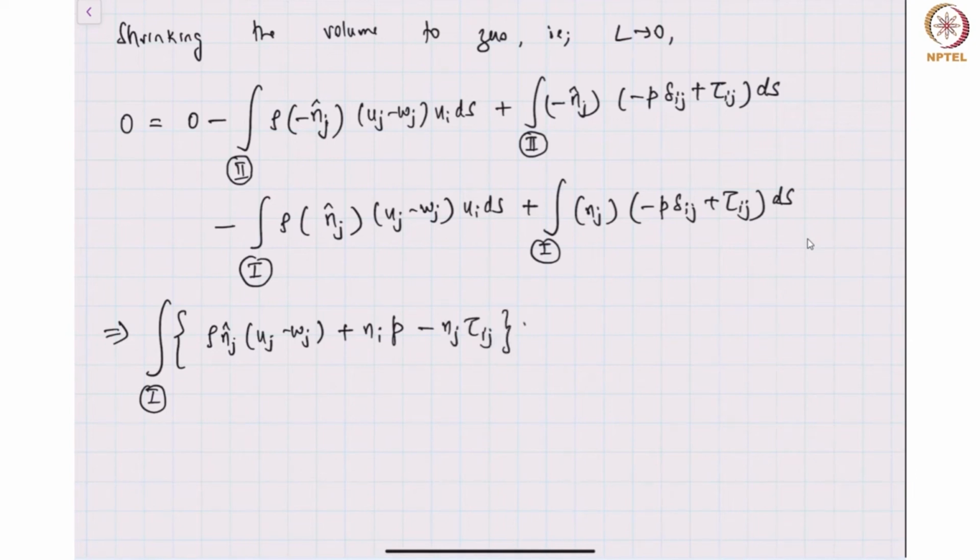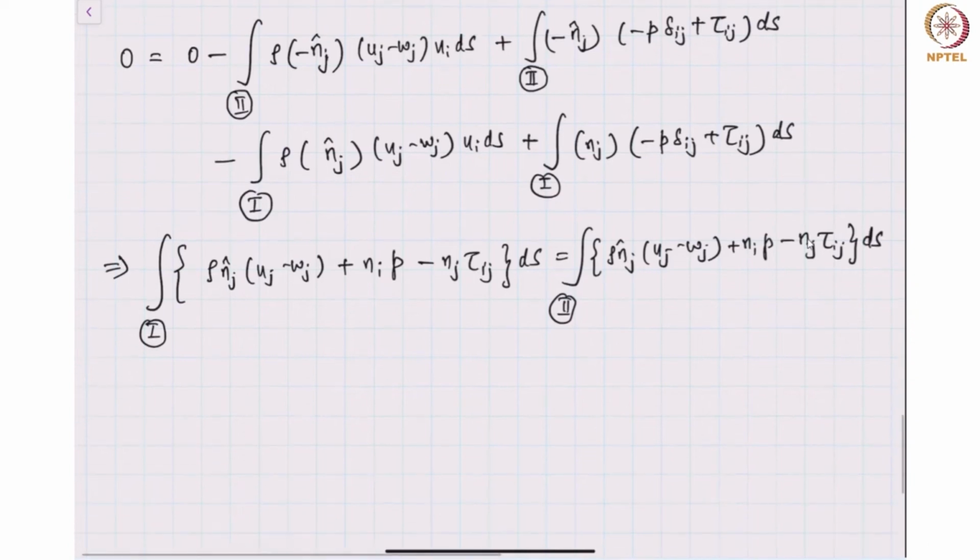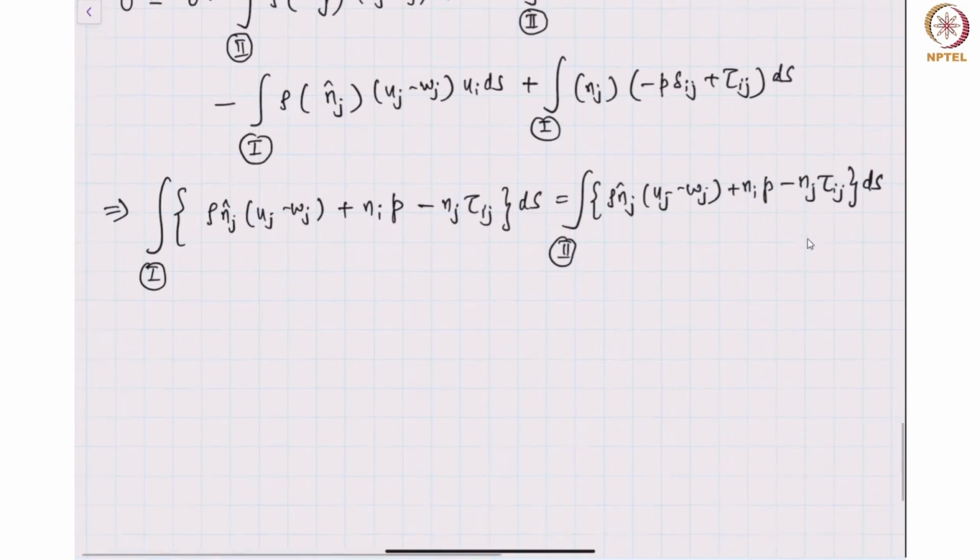These are the terms over region 1, and this will be exactly equal to the same terms over region 2. That is rho Nj, Uj minus Wj, plus Ni P minus Nj tau ij, dS. Right? Now, because the integral is arbitrary, I can directly equate the two terms inside the integral.